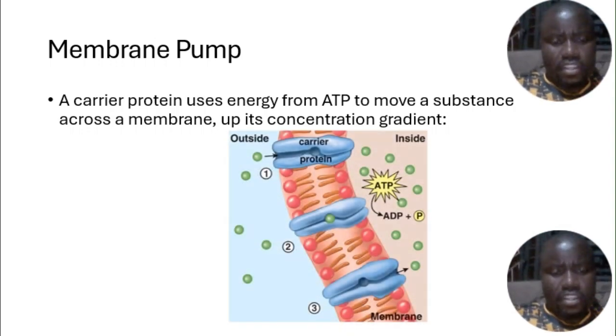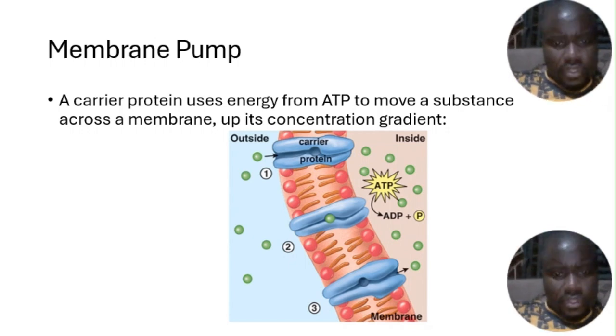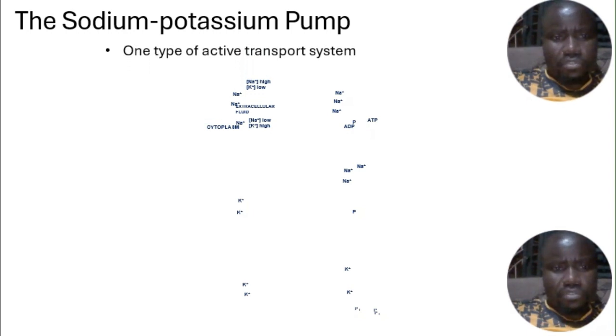So we have an illustration here. From outside the cell into the cell, there is this carrier protein that binds the chemical substance or the solute. The binding of the chemical substance activates the conversion of ATP to ADP, and the breaking of those bonds is what drives the transportation.